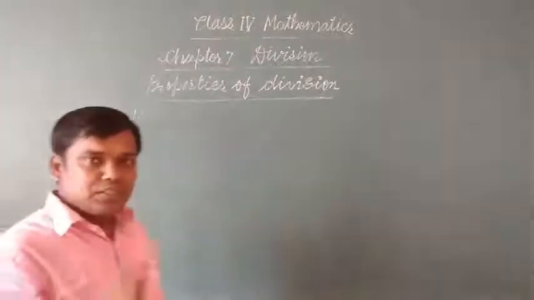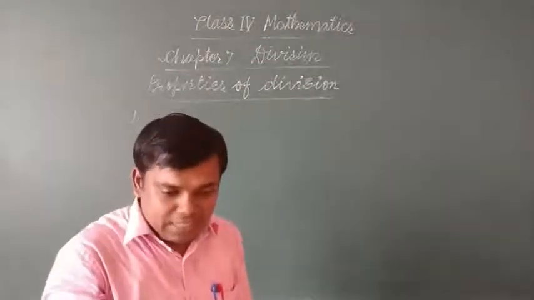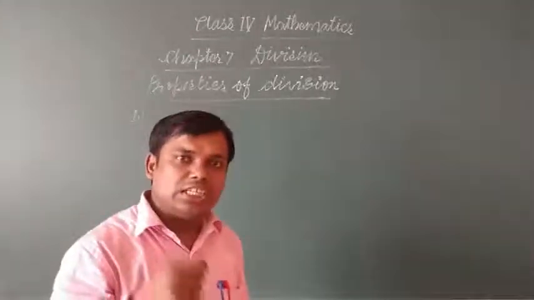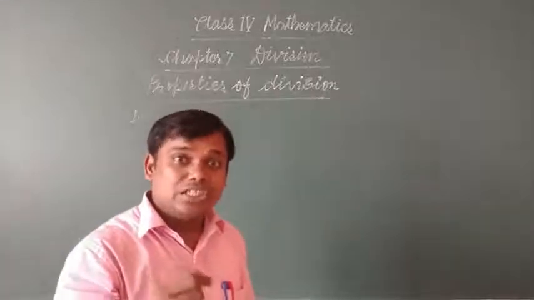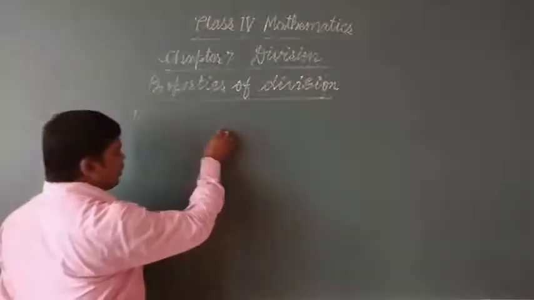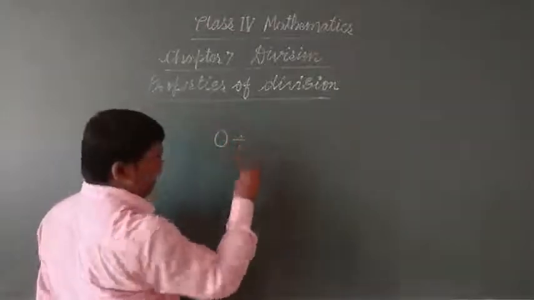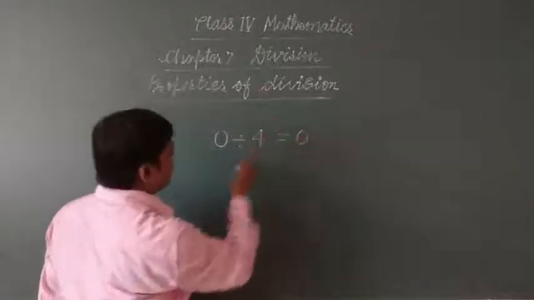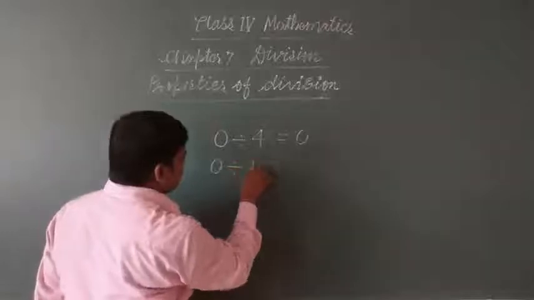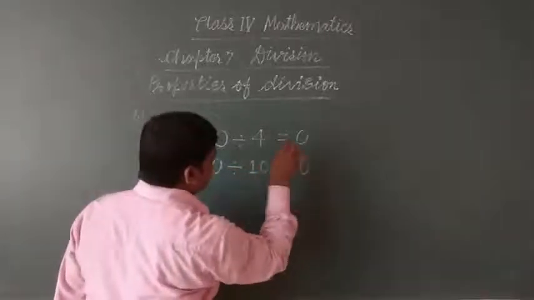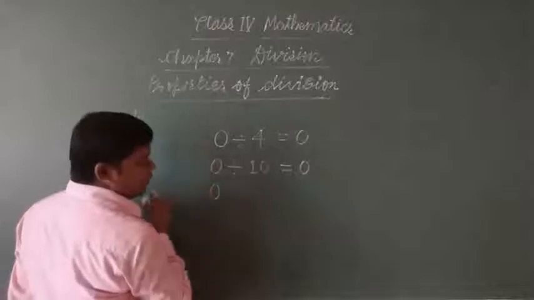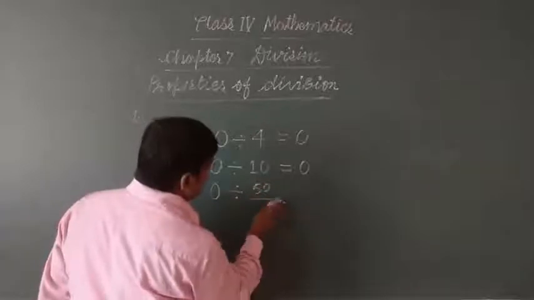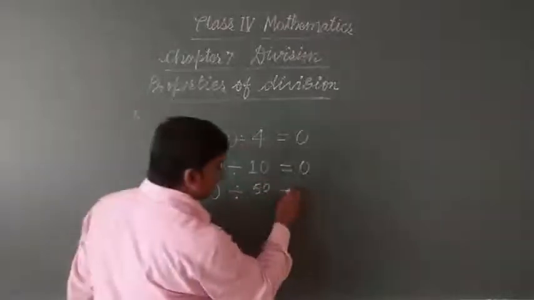The first property is, if 0 is the dividend and the divisor is a non-zero number, the quotient is always 0. So look here, 0 is the dividend and the divisor is any number, so it is 4, then the quotient will be 0. 0 is the dividend, divisor is 10, quotient will be 0. 0 is the dividend, divisor will be 15, quotient will be 0.